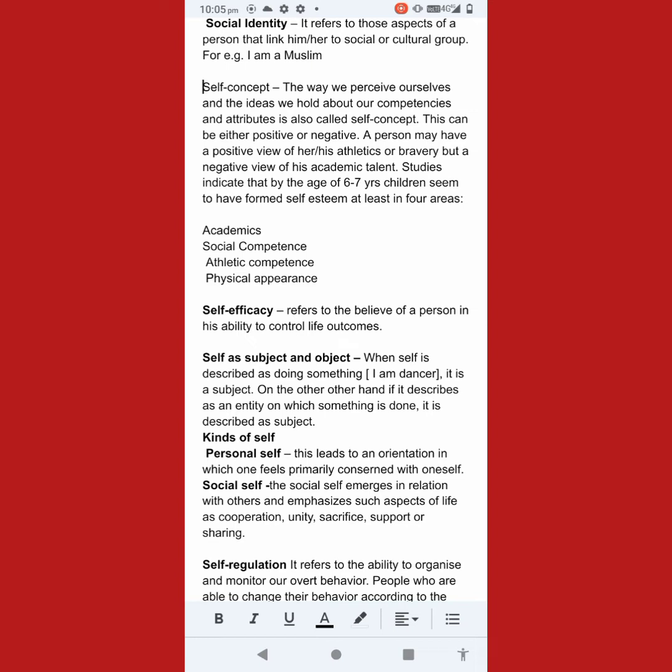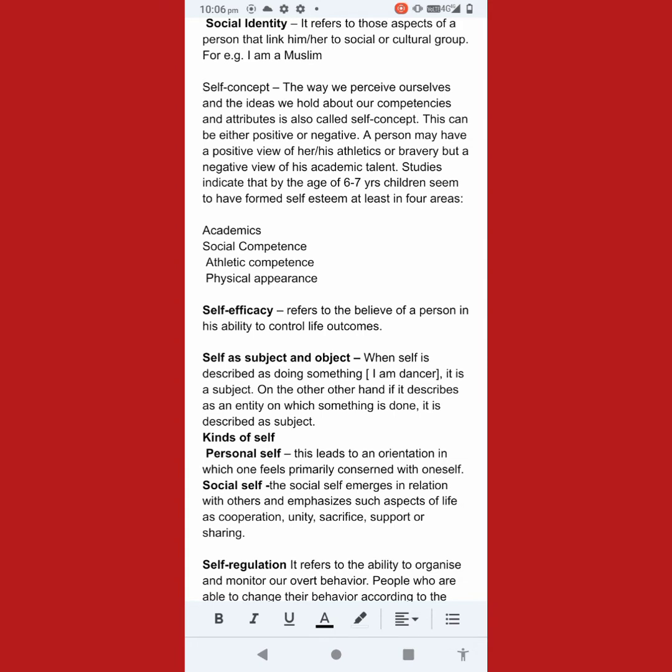Self-esteem is the value judgment which children have about their own self, how they rate themselves. In 4 areas they could rate themselves: academics, social competence, athletic competence, and physical appearance.